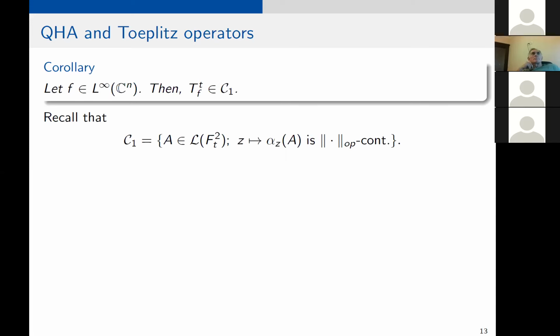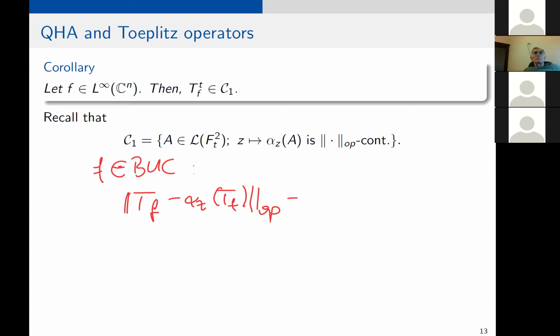If we would say that F is in the bounded uniformly continuous functions, this would be clear, because then the operator norm of the Toeplitz operator of F minus alpha Z F can be estimated by the uniform norm of F minus alpha Z F, which goes to 0 for Z to 0.